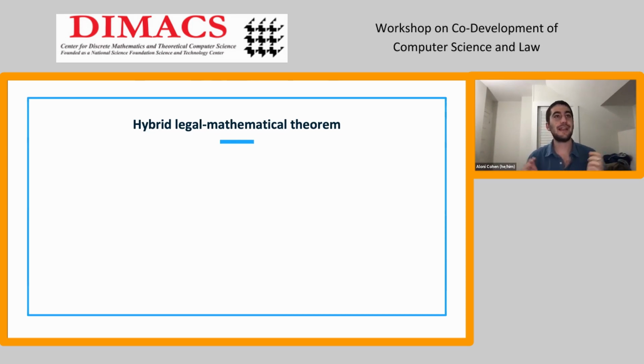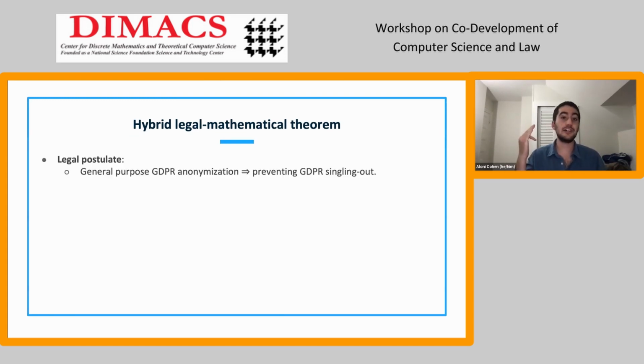Great. So now I claim that we've proved a hybrid legal-mathematical theorem. And I want to review how we got there. So we started with a legal postulate established by the law that general purpose GDPR anonymization requires preventing GDPR singling out. Right? This is a legal postulate.